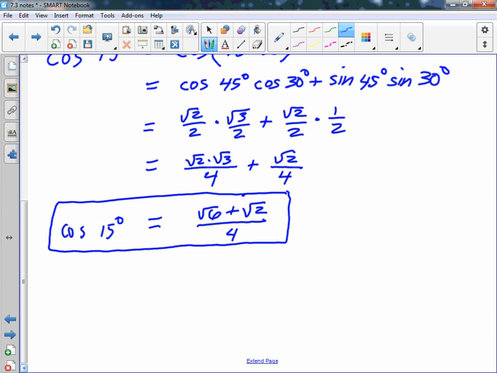Okay, so in your calculator, make sure you're in degree mode first, check it. The cosine of 15 degrees equals, and in your calculator, it'll be some crude approximation, equals what? .966, close enough, about.